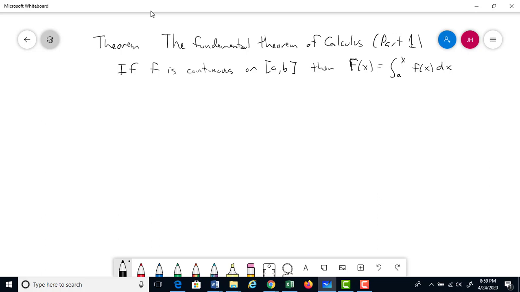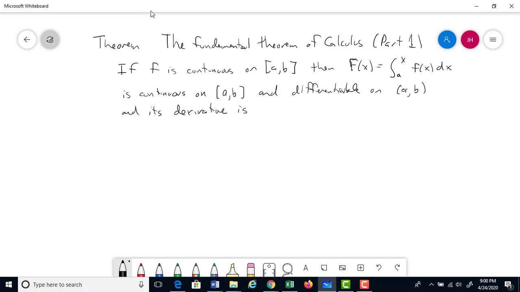But this is the antiderivative, and it is continuous on that same interval, a to b, and differentiable on the open interval, and its derivative is f of x. Oh, I got something wrong here.